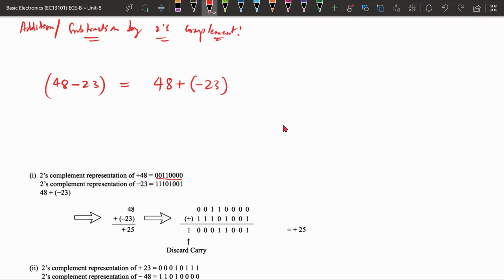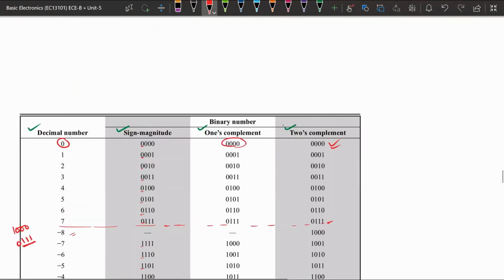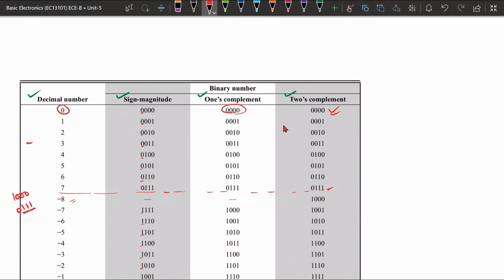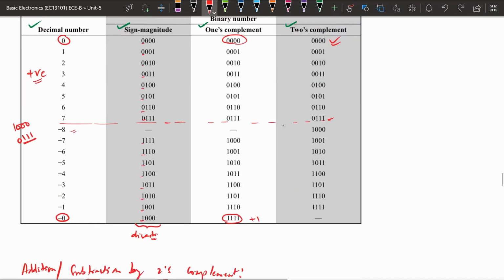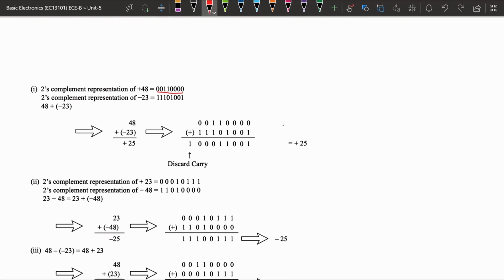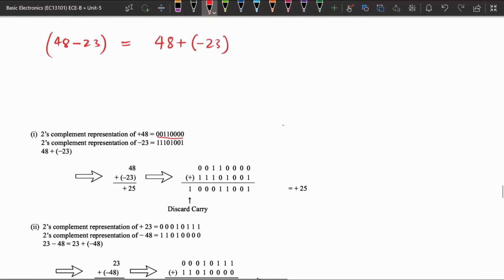First of all, in case of 2's complement representation, we do 48. The 2's complement of 48 will be the same as the binary 48, because we have already seen previously that for positive numbers, whatever the binary representation is, the 2's complement representation is the same. So in case of addition of 48 plus minus 23, we need the 2's complement of 48, or the direct binary representation of 48.